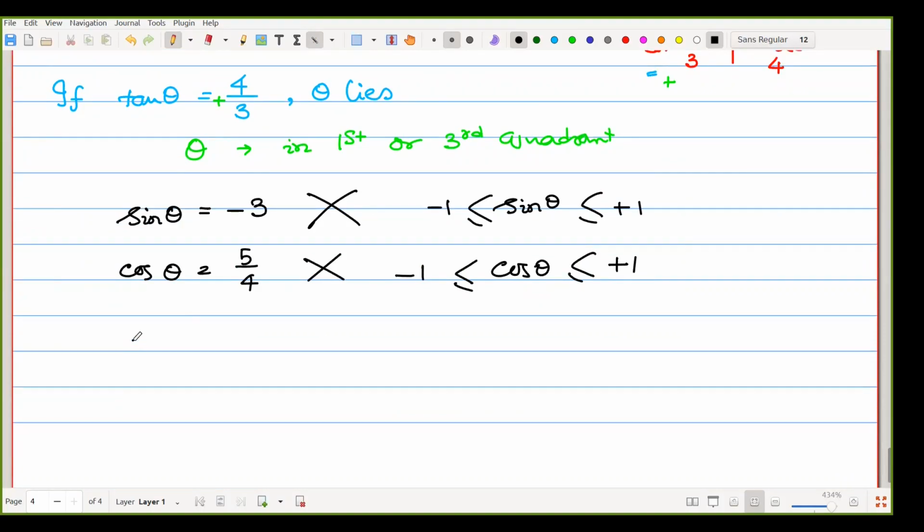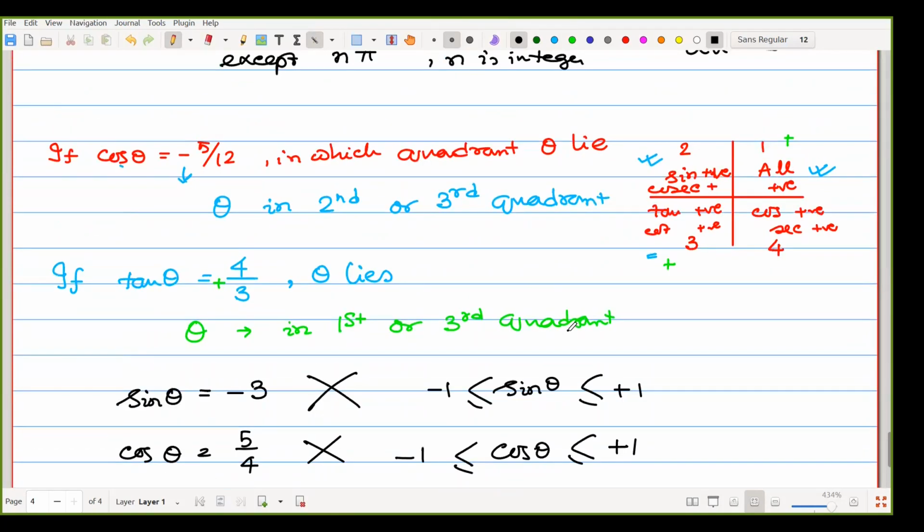Suppose we have cosec theta, that is 3/4. That is also an impossible case because 1 by sine theta does not always have a value less than 1. Okay, you may check it also, that is 1 by sine theta. So it may be any real value except between -1 and +1.